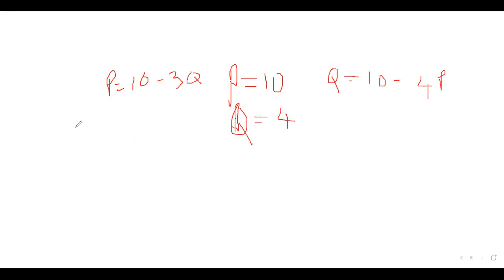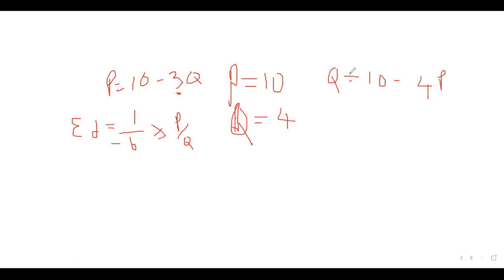According to elasticity, if P is the subject of the formula, the formula is 1 over negative B times price over quantity. This B is simply the number that comes before the Q, the gradient, right? So our B is negative 3.